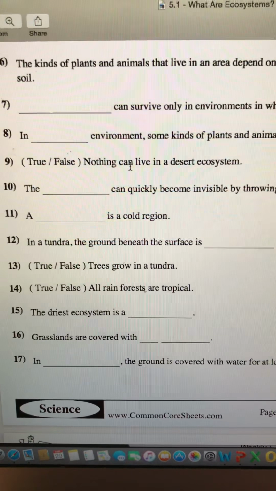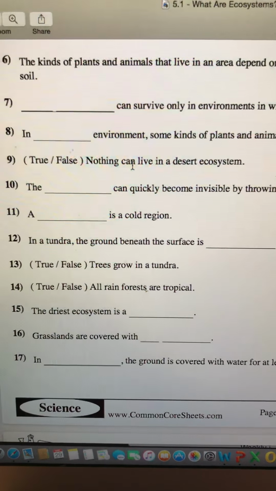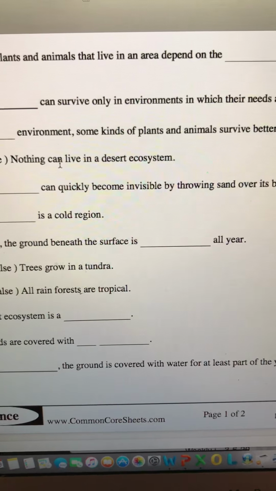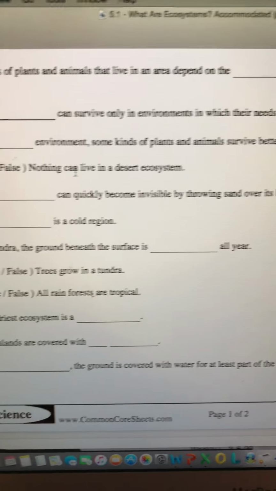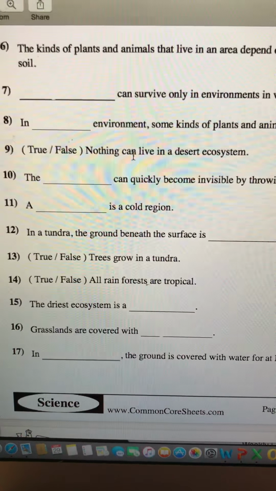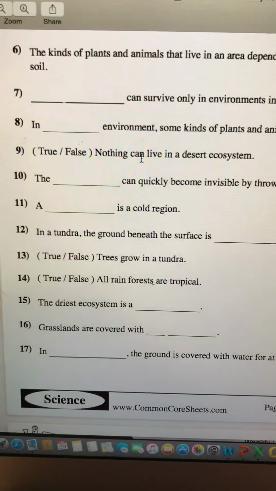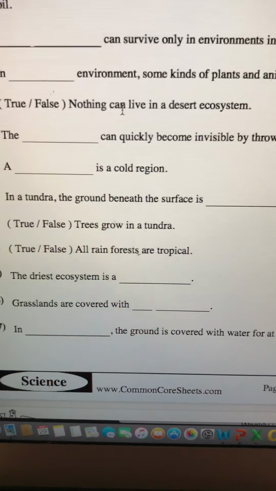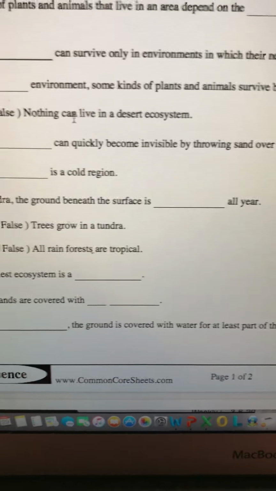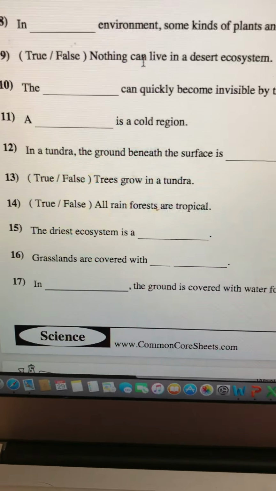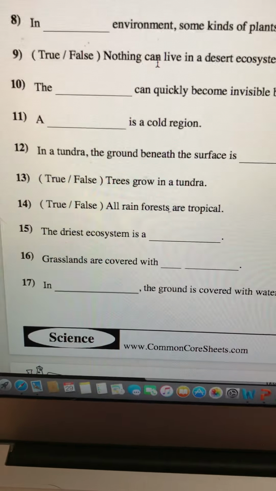Nothing can live in a desert ecosystem. Number 10. The blank can quickly become invisible by throwing sand over its body. Number 11. A blank is a cold region. Number 12. In a tundra, the ground beneath the surface is blank all year. 13, true or false? Trees grow in a tundra.